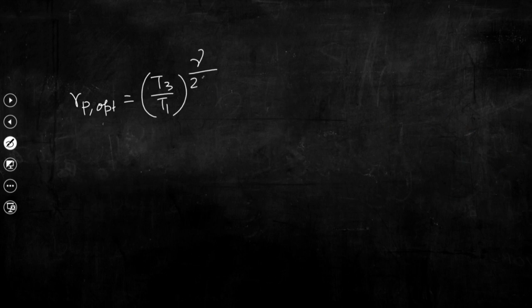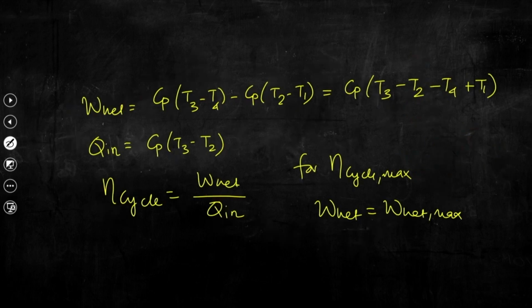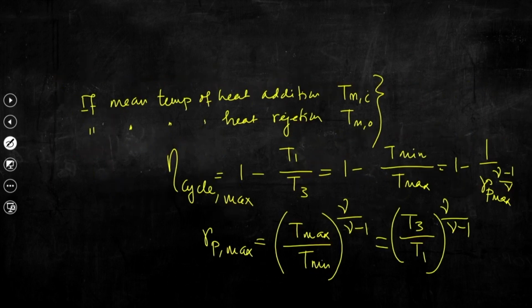Now, if we write here that Rp optimum equal to (T3 by T1) power gamma by 2 into (gamma minus 1), right. T3 is equal to T max and T1 is equal to T min in the cycle, so equal to (T max by T min) power gamma by 2 into (gamma minus 1). If we go back, Rp max is also (T max by T min) power gamma by (gamma minus 1), right.